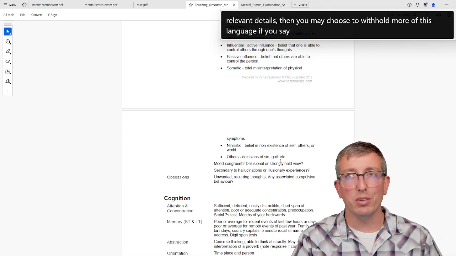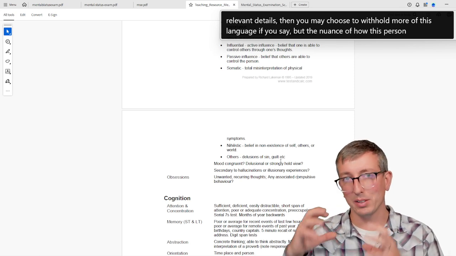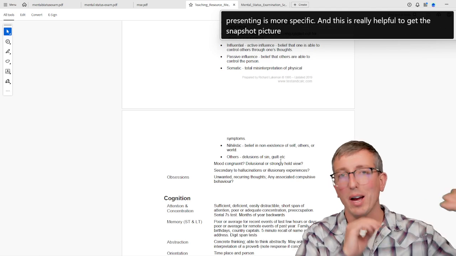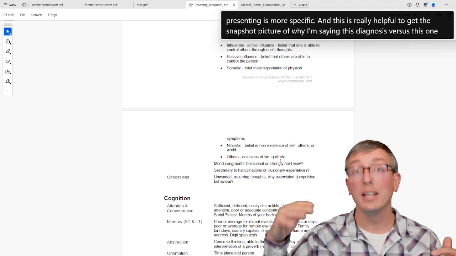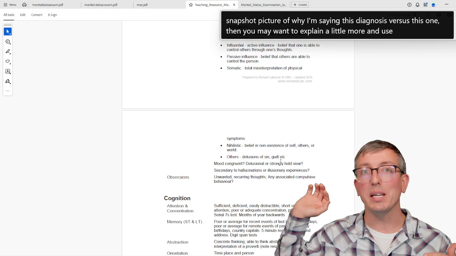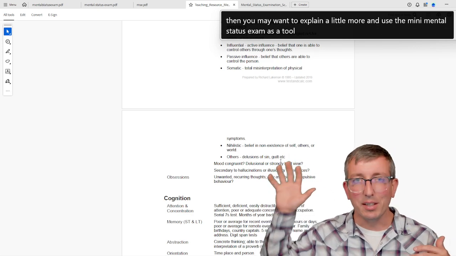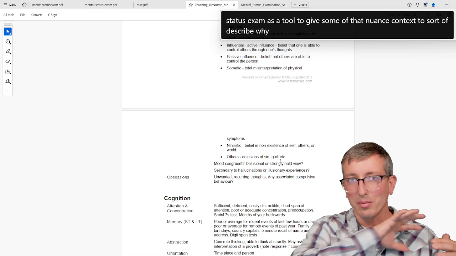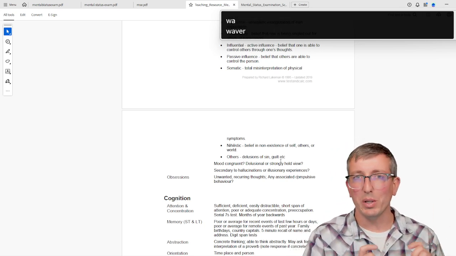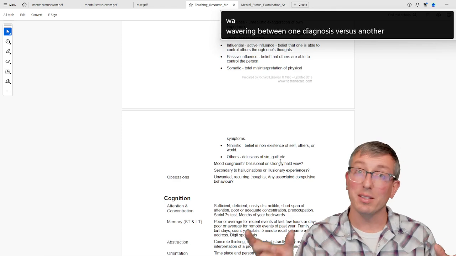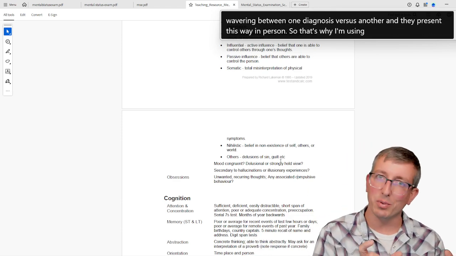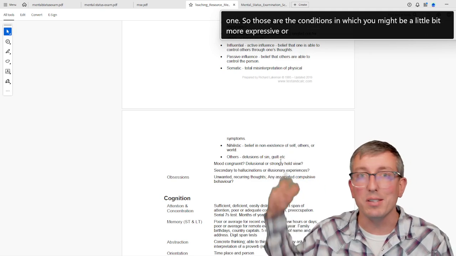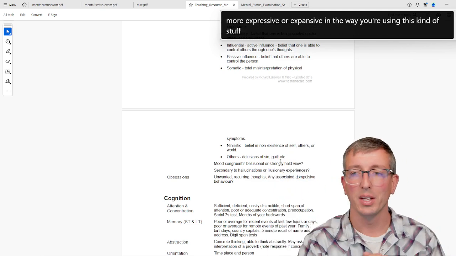If the nuance of how this person is presenting is more specific, and this is really helpful to get a snapshot picture of why I'm saying this diagnosis versus this one, then you may want to explain a little more and use the mini mental status exam as a tool to give some of that nuanced context, to describe why you're wavering between one diagnosis versus another, and they present this way in person, so that's why I'm using this one and not that one. Those are the conditions in which you might be a little more expressive or expansive in the way you're using this kind of stuff.